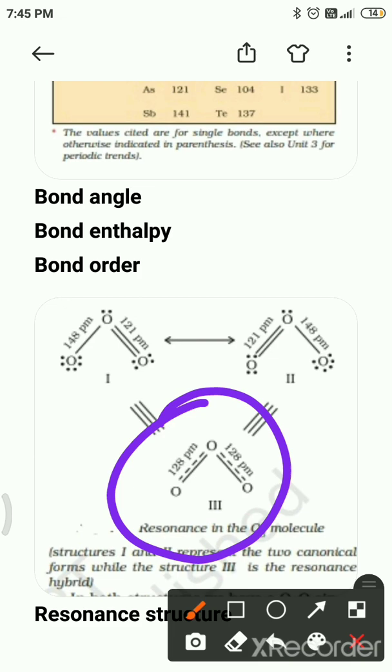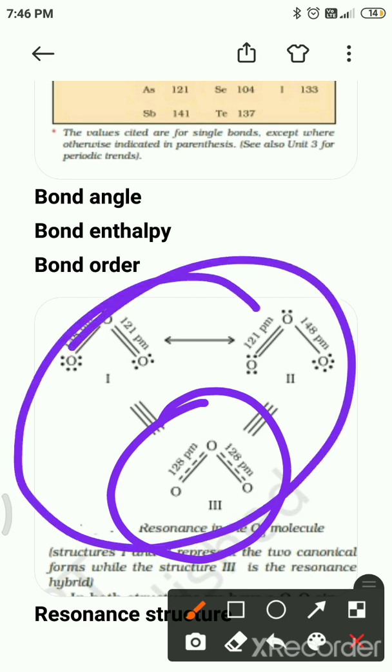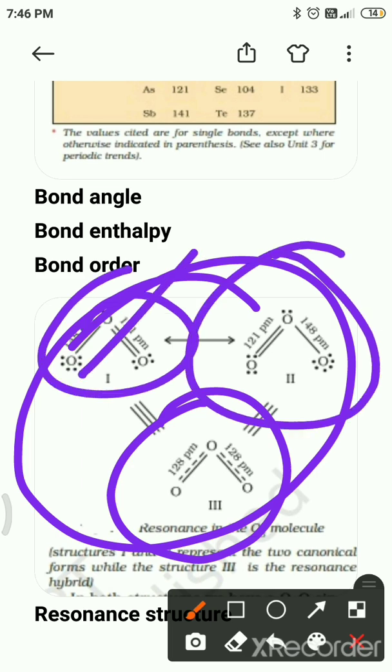Thus the O-O bonds in the O3 molecule are intermediate between a double and a single bond. So obviously this cannot be represented by either of the two Lewis structures shown, which have 121 and 148 picometers.